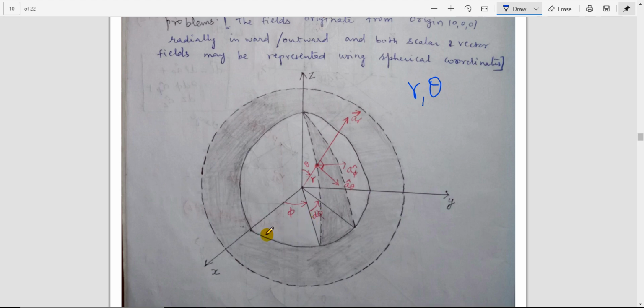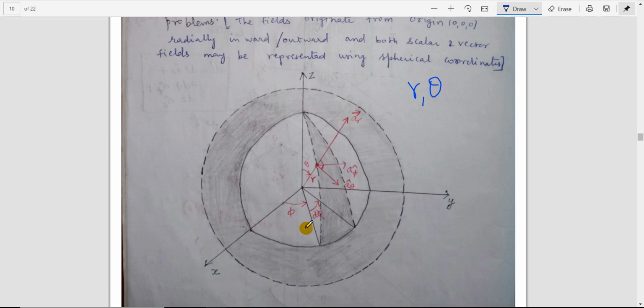And as we know from the cylindrical coordinate system, if you represent a point P on that vector, and take the projection of that point on the xy plane, then that projection makes an angle with the x-axis.